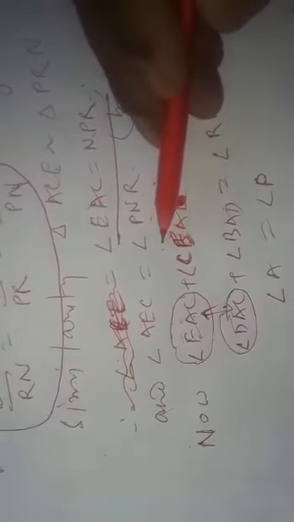For angle EAC, we can write angle DAC because both are the same. They have the same vertex and the same ray. Ray EA and ray DA are the same, and here ray AC and ray AC are the same. Again, for angle AEC, we can write angle BAD, because it has been proved earlier by CPCT.